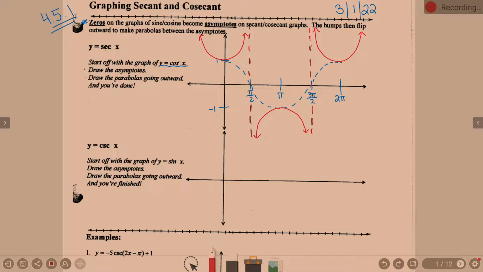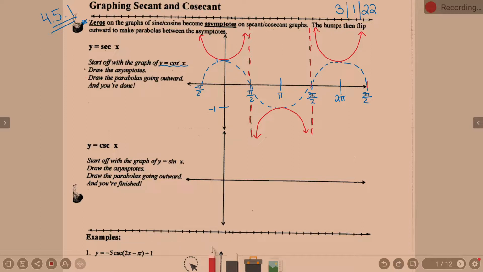But realize what would happen here, right? If I continued this cosine curve back here, it would cross through at -pi over 2. If I continued my cosine curve over here on the right, it would cross through at 5 pi over 2.